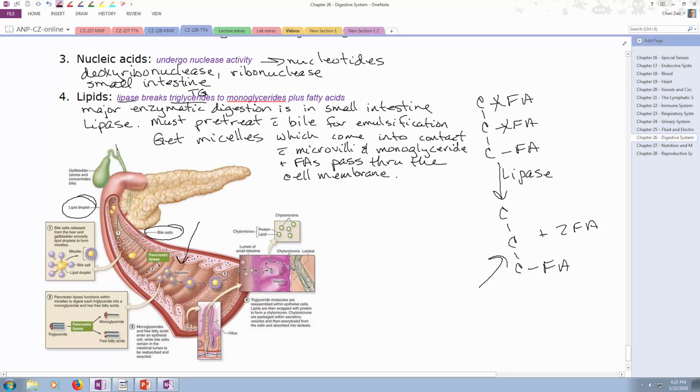And then once we're inside the cell, it's a really strange thing. We then reassemble the triglyceride. And the triglyceride is going to associate with cholesterol and some proteins.